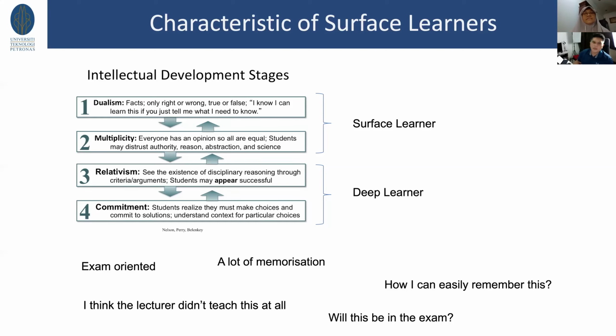Another surface learner stage is when they say, okay, you are right, but the others are right as well, all opinions are equal. They cannot make their own judgment. But when they reach the stage where they say, what I'm doing is correct and I have this reason why, this is where they start to become a deep learner.